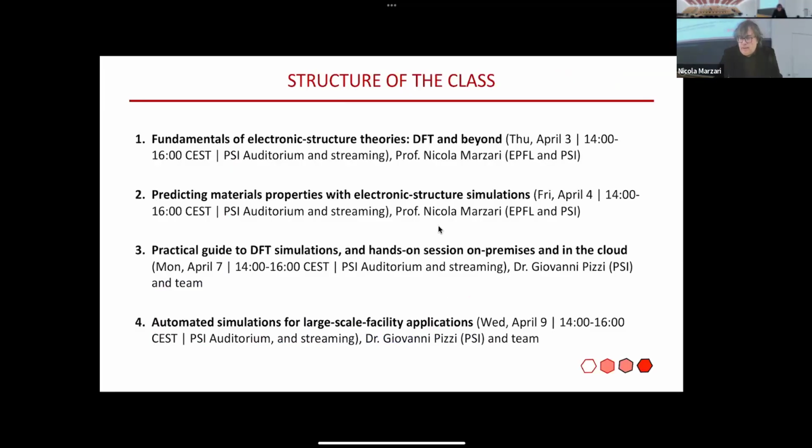And we also start these hands-on sessions, on premises and in the cloud, that everyone, both here and remote, can follow. And in the last lectures, Giovanni and Tim will describe how this automated simulation can be very relevant for large-scale facilities.